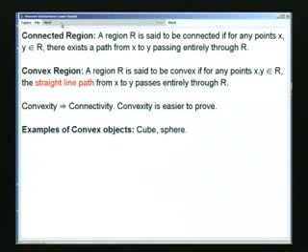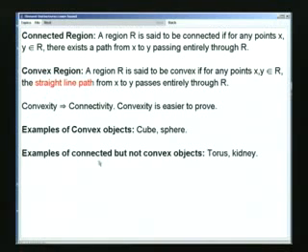So some examples. Examples of convex objects are the whole cube, or the whole sphere. Examples of objects which are connected but not convex are something like a torus. Let me draw a picture.